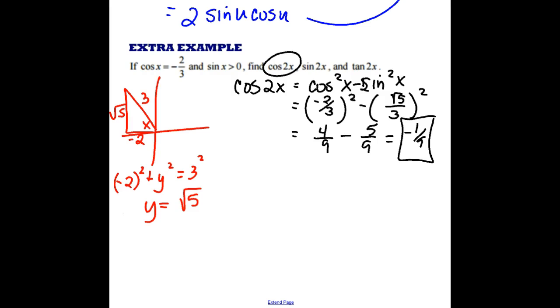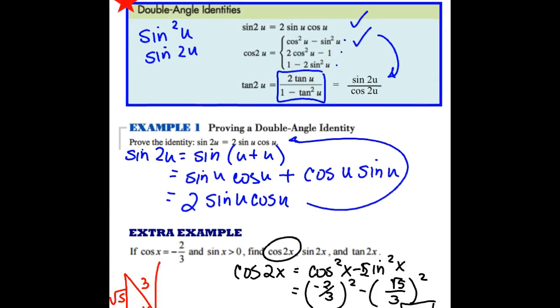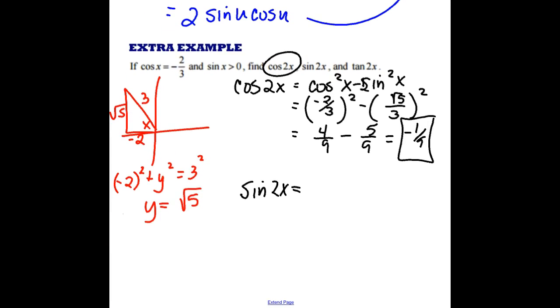Okay, how about the sine of a double angle? What's our formula for that? Sine of a double angle. 2 sine cosine of the original. 2 sine x cosine x. All right. Plug in what we know.